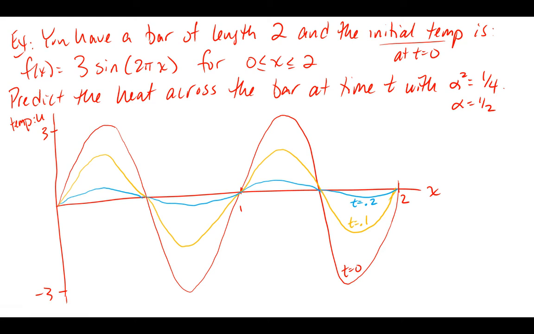Okay, so of course, this isn't that surprising. We already previewed this answer, that we kind of knew. The places that were hot cool down. This was a hot spot on the bar, around 1/2. It was quite hot when we started, but over time, that temperature is decreasing.